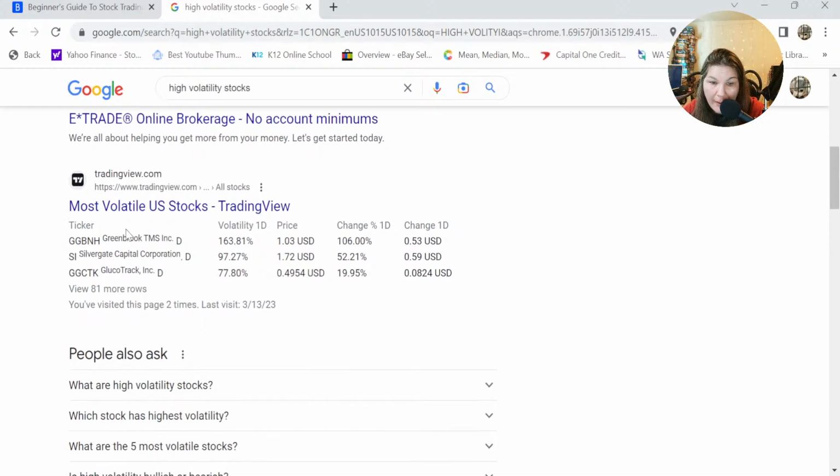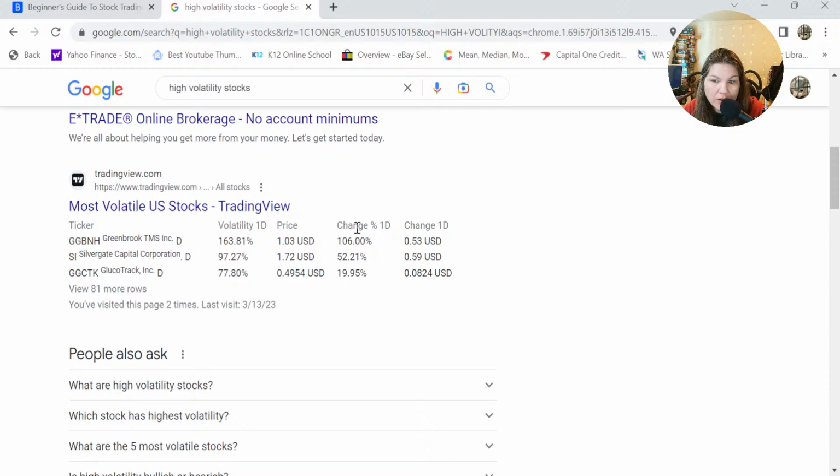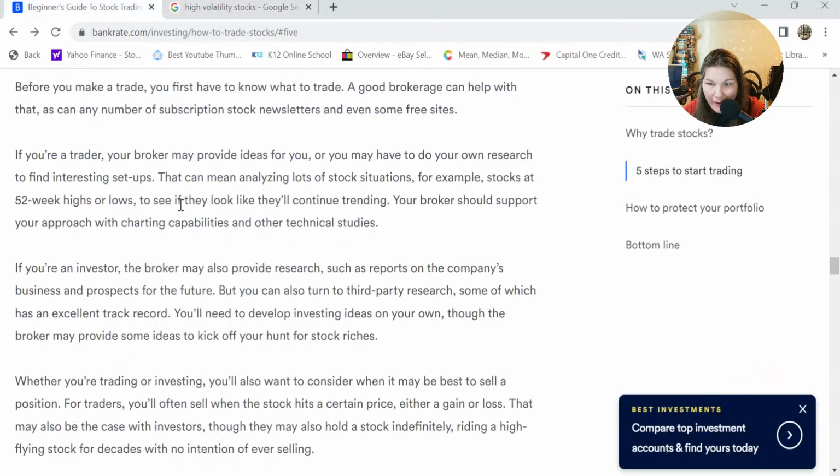So we're looking at if they have a big one-day change, that means they're moving up or down. Then you might be able to predict if it's going to move back down and buy an option, which would be a put, and make money off knowing that this was going to go down. Anything less than $1 is called a penny stock, I believe, but I don't know much about them. We're going to get there, guys. I promise.